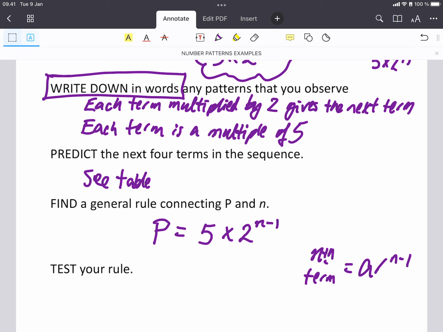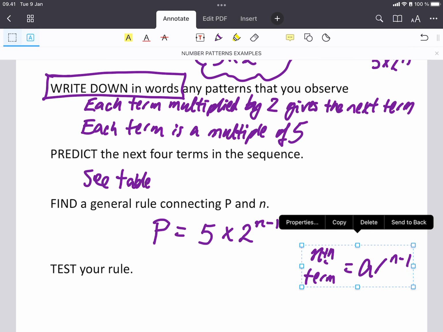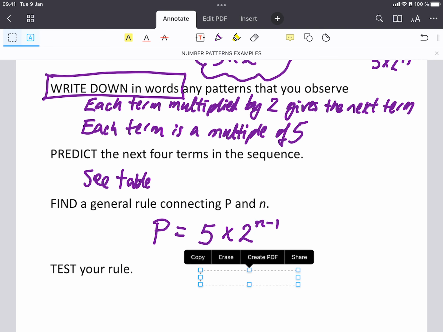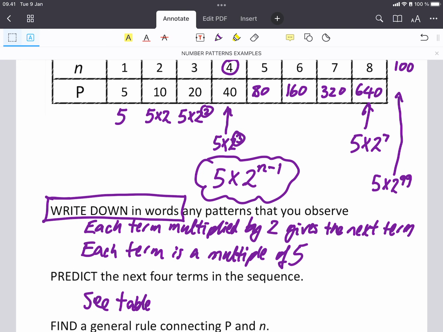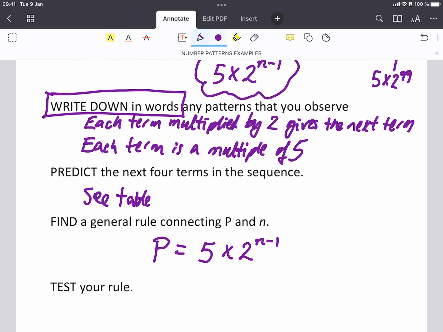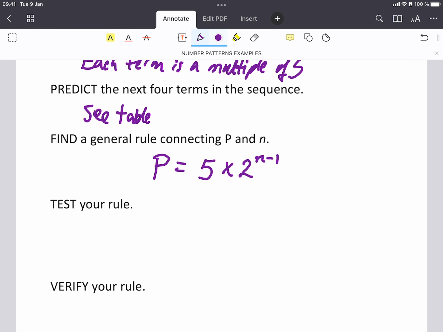But of course, if you're just learning a formula like that, it's not as good really as understanding where that formula came from. And hopefully you can see by the reasoning I just went through why exactly it's 5 times 2 to the power of n minus 1.